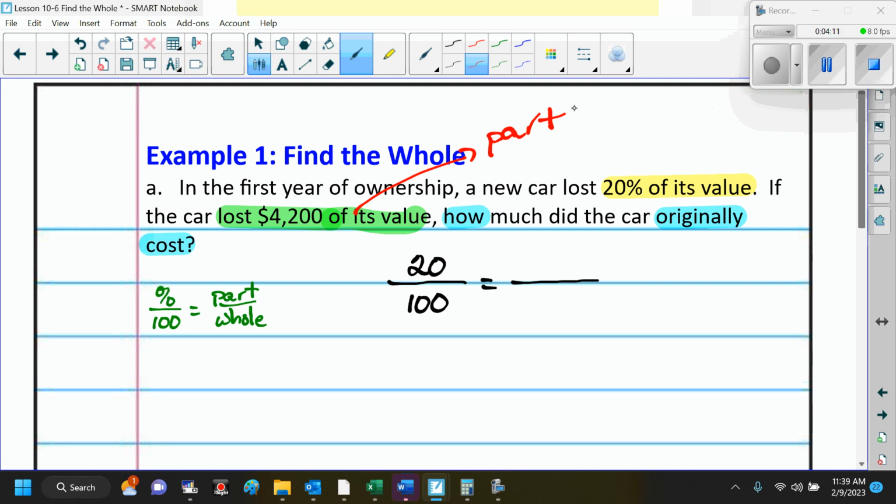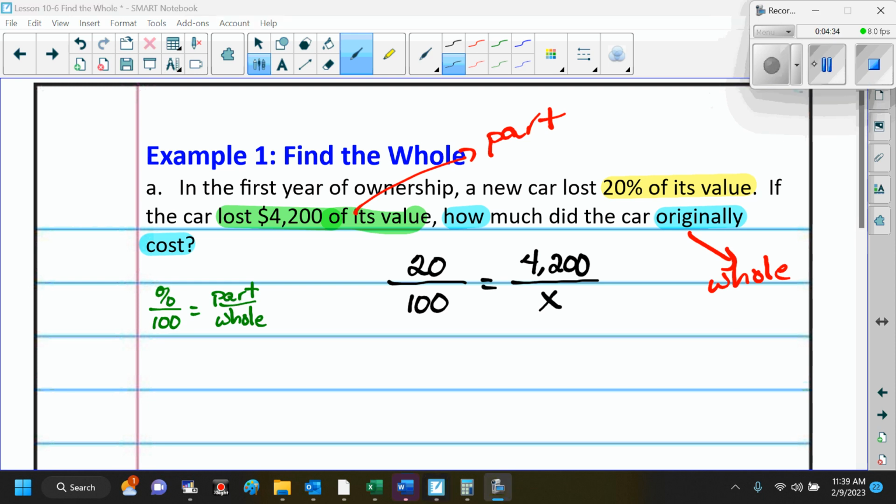Does that make sense? And we want to know the original cost. That's the whole cost of the car. So 4,200 goes in the numerator, and we're solving for the original cost.